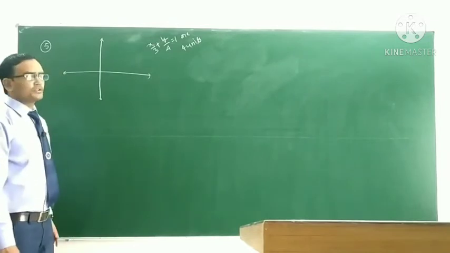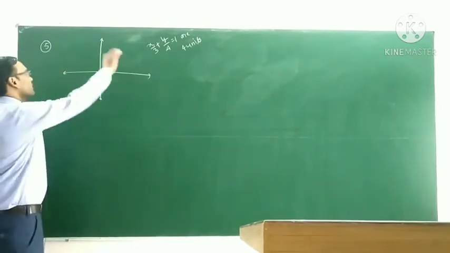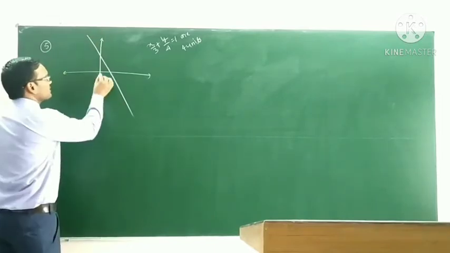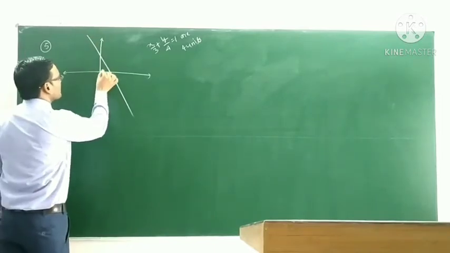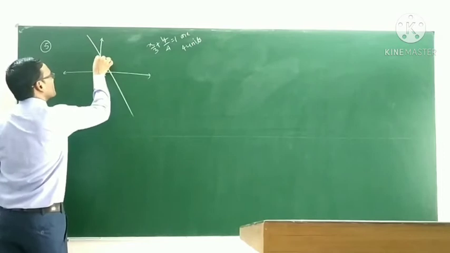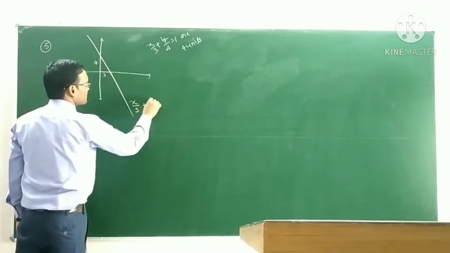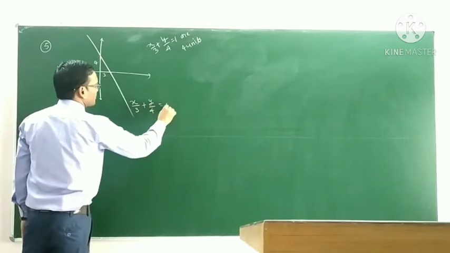Okay, students, first of all we plot the line. Here 3 units and this is 4 units, and the equation of the line is x by 3 plus y by 4 equal to 1.